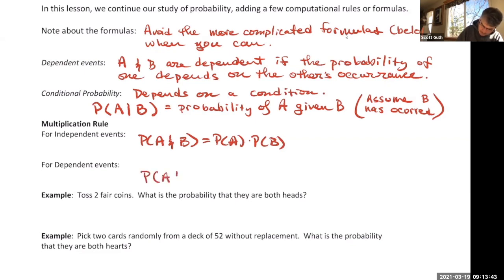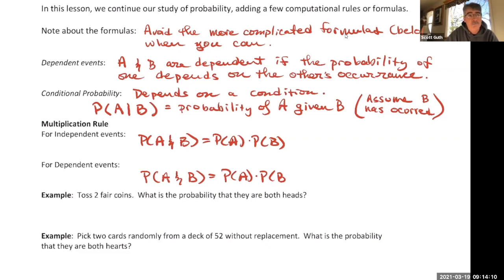The probability of A and B is the probability of A times the probability of B, but it's the same thing so far. The only thing is that A and B are a package deal. When you say probability of A and B, you're assuming both of them are occurring. So when you compute, if the events are dependent, then the probability of B depends on whether A has occurred or not.